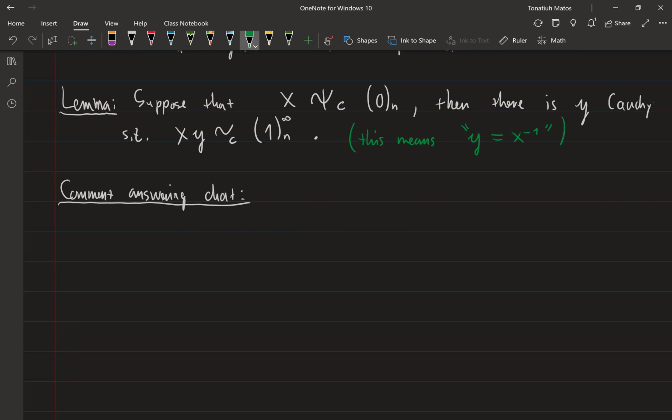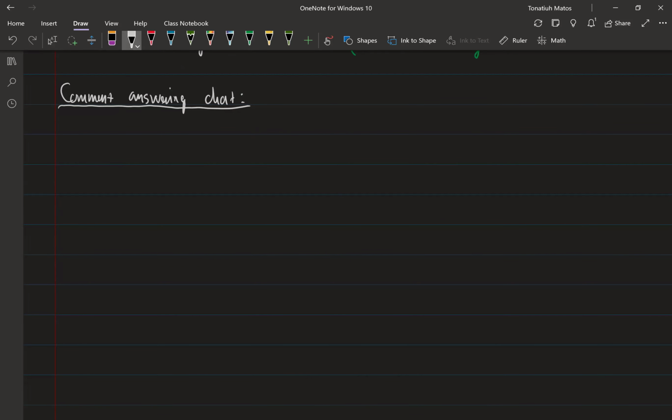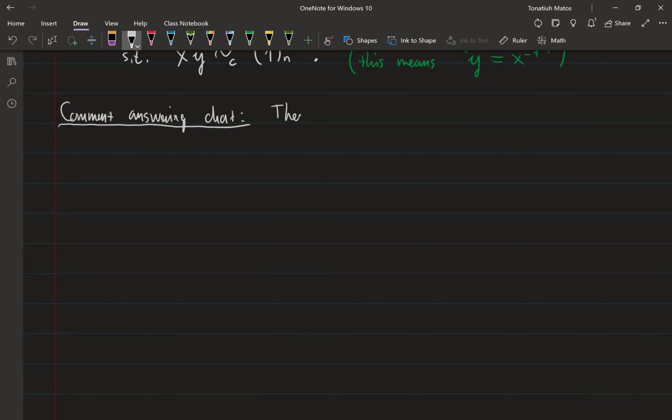Let me convince you that I can produce infinitely many Cauchy sequences for the same real number. So there are actually more than infinitely many Cauchy sequences defining the same real number.